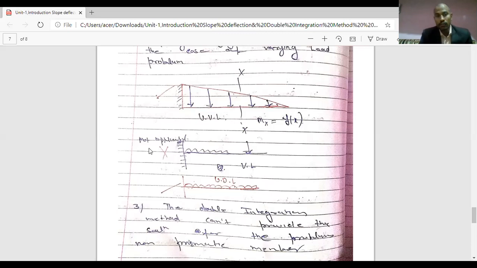So this beam is not solved by the double integration method. If we see this beam, here we applied a UDL, uniformly distributed load, over the span. So here we easily find slope and deflection by the double integration method, right?